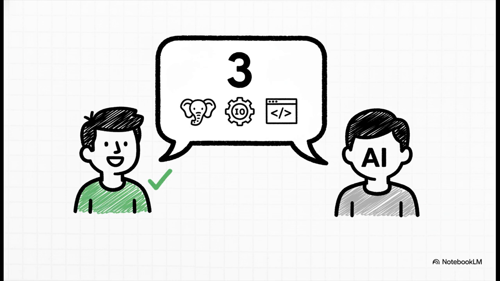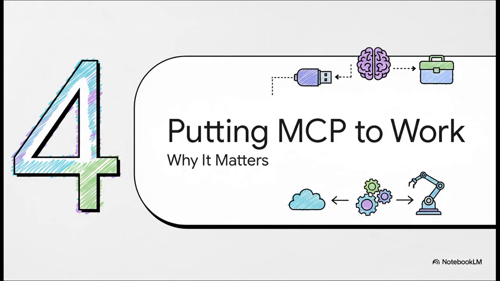And finally, the response. The AI gets that structured data back from the server and turns it into a perfectly normal, human-readable sentence. Now pay attention to what just happened. The AI didn't guess the answer or tell you how to find it. It actually went and did the work. That's the difference. This simple little interaction, it really points to a massive shift in what's possible.